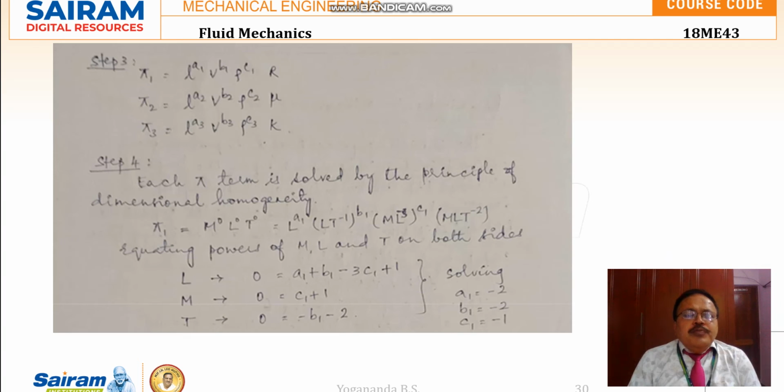Pi 1, pi 2, pi 3. These three repeating variables, L, V, mu, are used in all three pi terms.